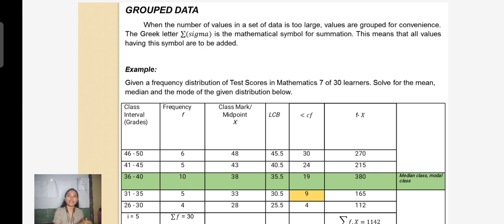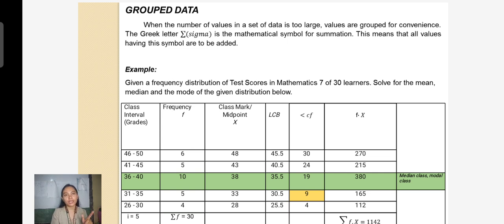So you are going to use group data because the data is too large, and therefore your values need to be grouped for convenience. The Greek letter sigma is the mathematical symbol for summation, which means that all values having this symbol are to be added.